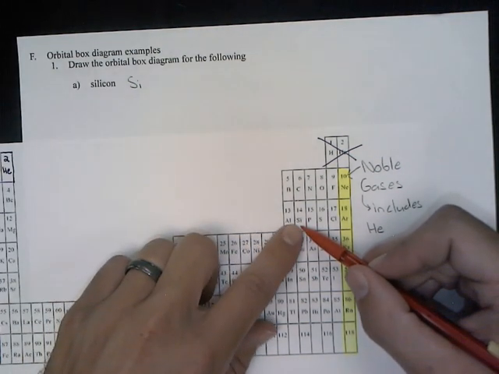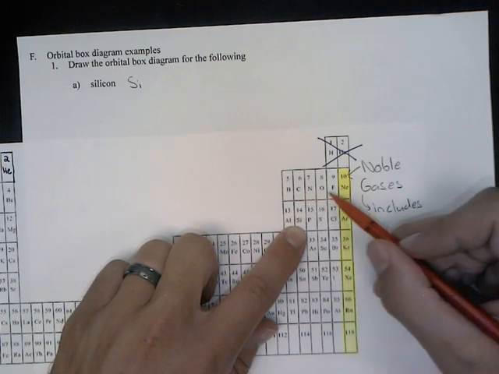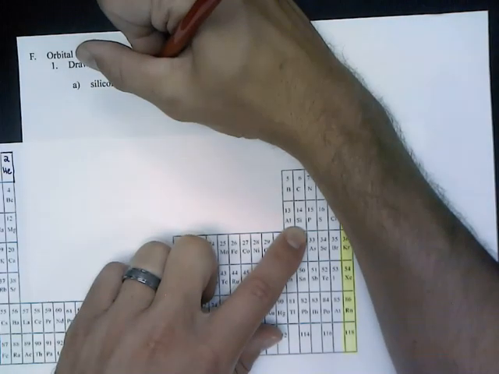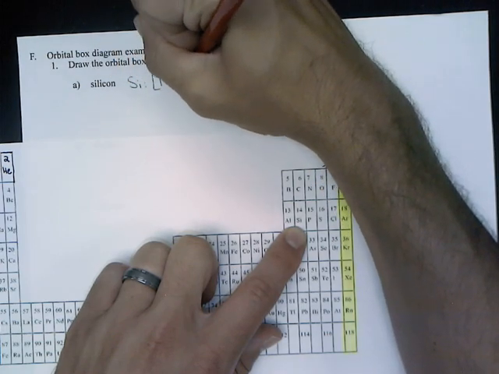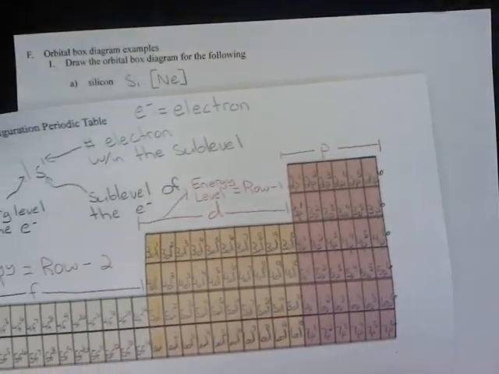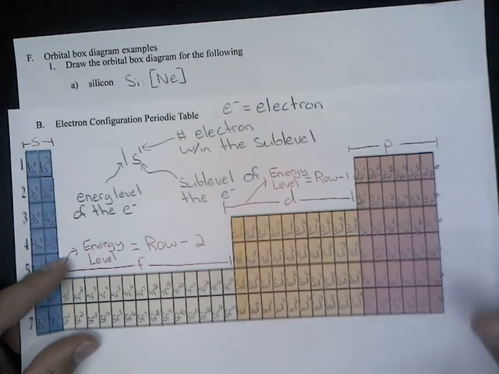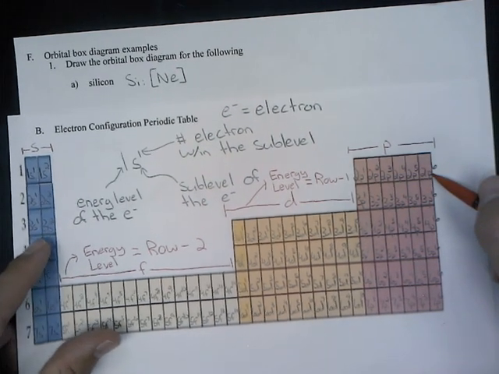Element number 14. Remember, for noble gas electron configuration, we go up one row to the right and find Ne. Ne is what we put in brackets, and then we start writing the electron configuration from Ne. On our electron configuration chart, the Ne is right here at 2p6, so we go down to the 3s level.